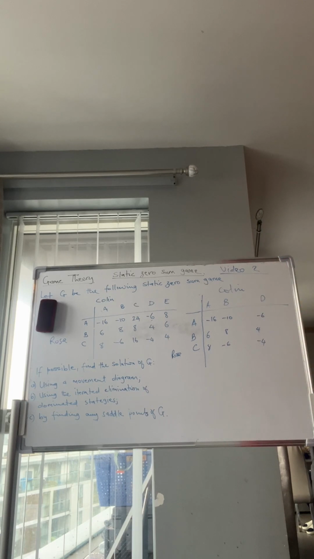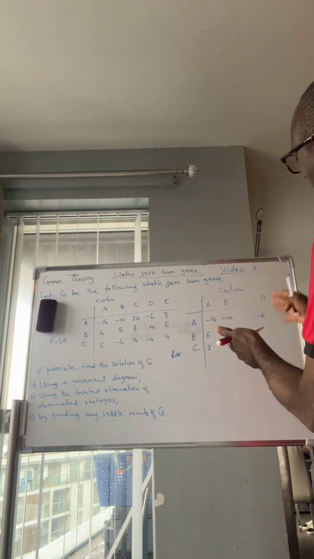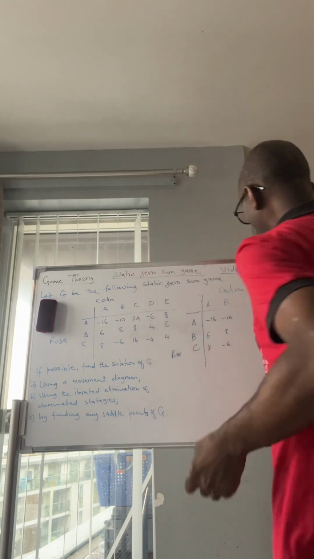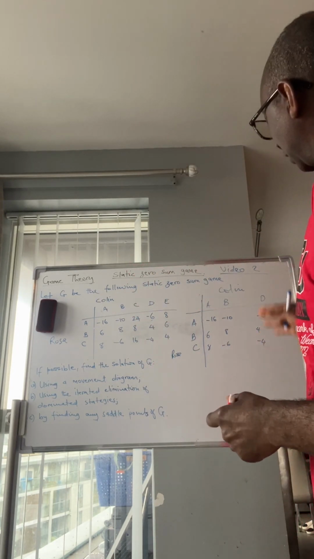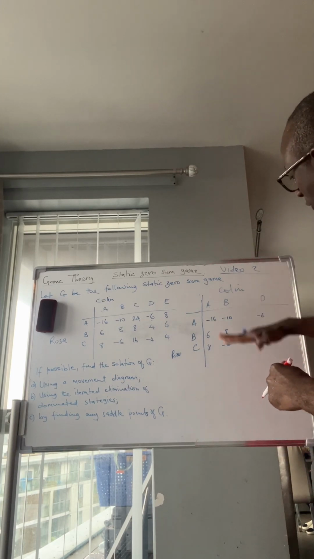For the rows, it's just the opposite of what we have done on the columns. We compare two rows, then eliminate the dominant one. In this case, eliminate the smallest one, not the bigger one. For columns, you eliminate the bigger. For rows, you eliminate the smaller.